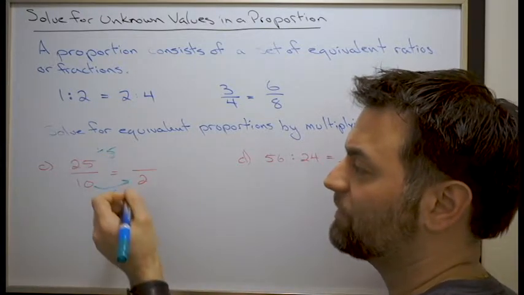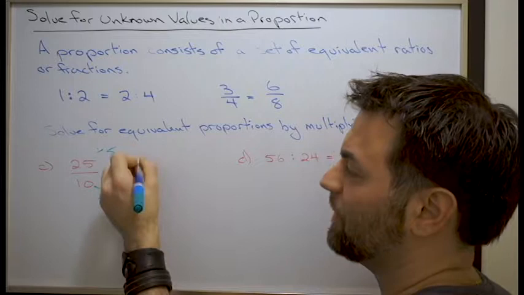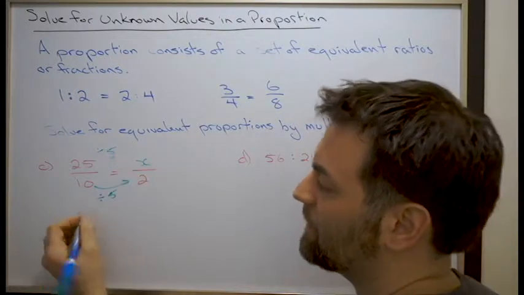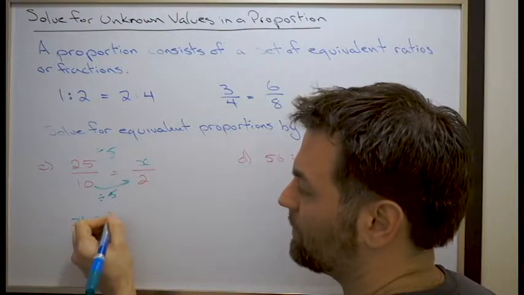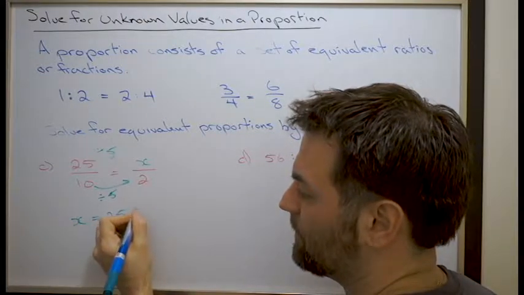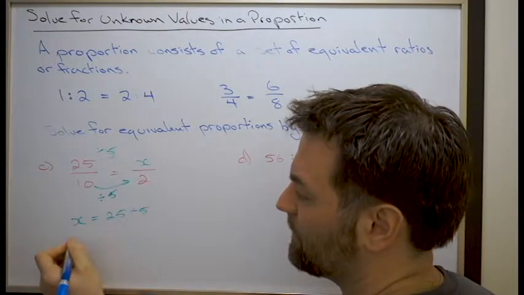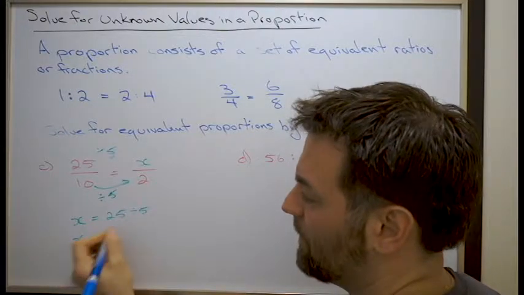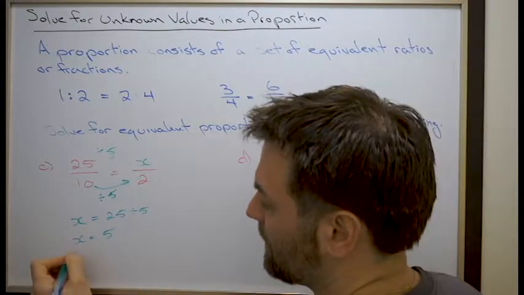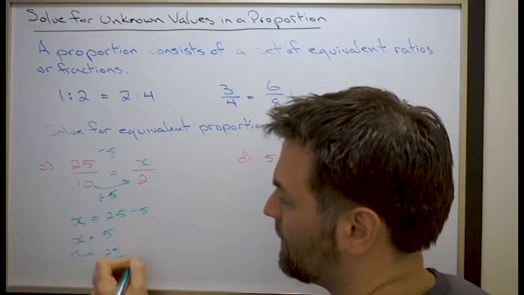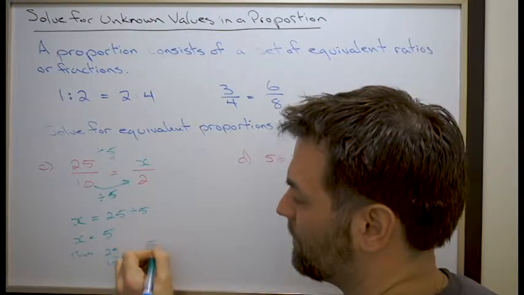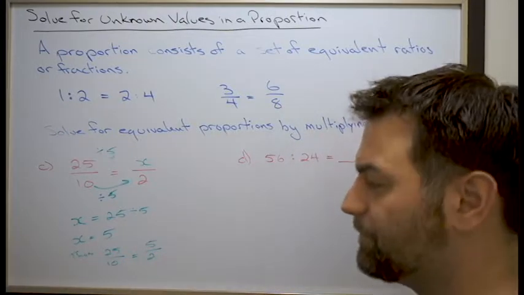So x is 25 divided by 5, so x is going to be 5. Thus, 25 to 10 is equal to 5 over 2.